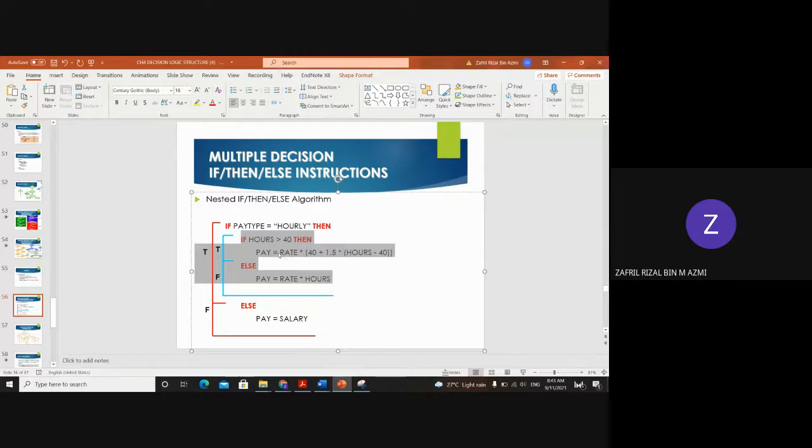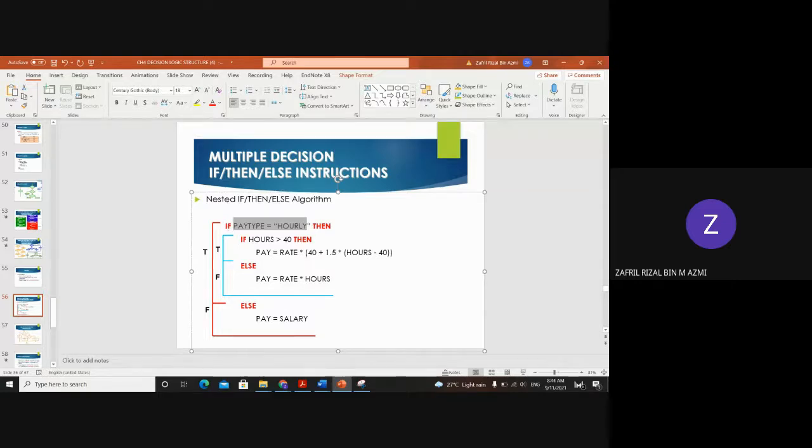Different set meaning that it isn't related to the first condition. The first condition is, for example, about the pay type. The second condition is about anything else, not pay type, hours, and it isn't related to the first condition.